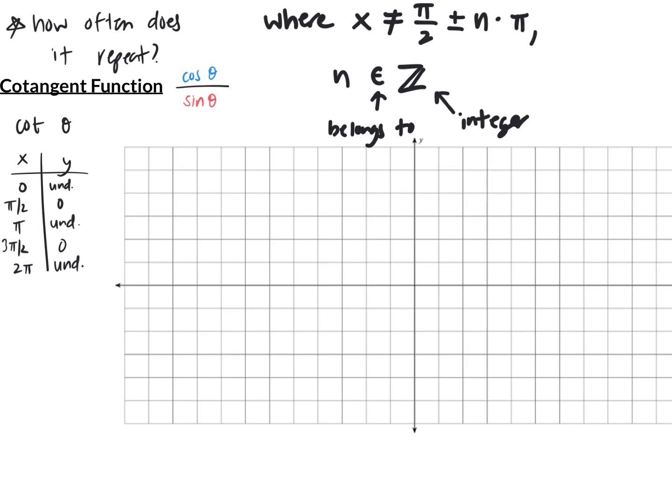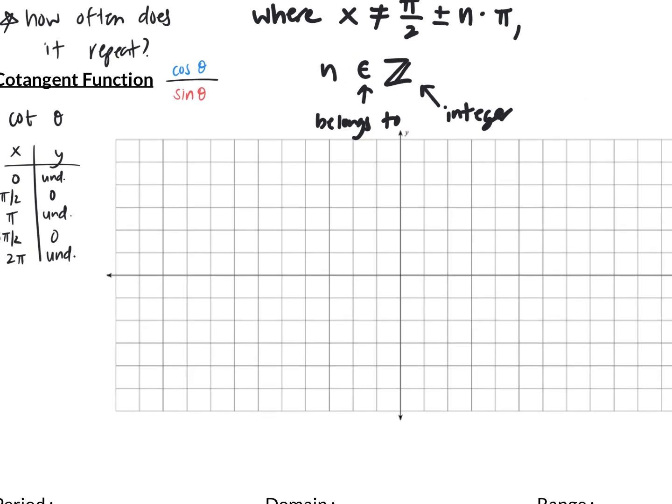Okay, so now I can go ahead and plot my x-axis. So I've started at 0. And then where it says undefined, that's where I'm going to have my vertical asymptotes. So now I'll draw them correctly this time.